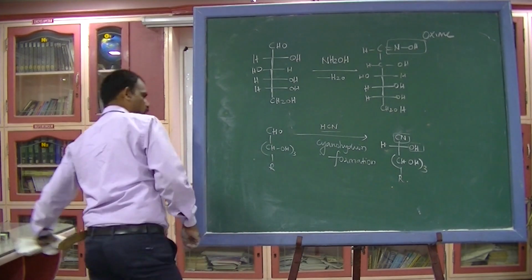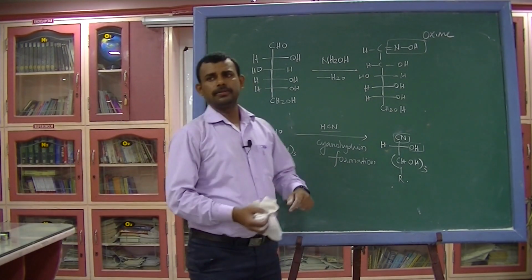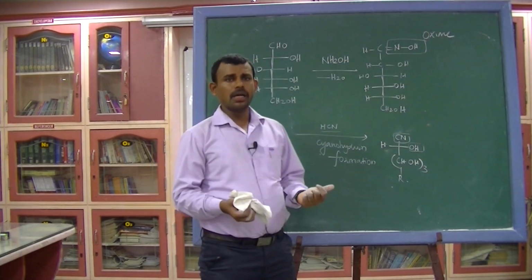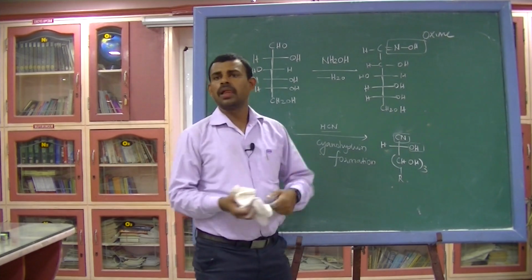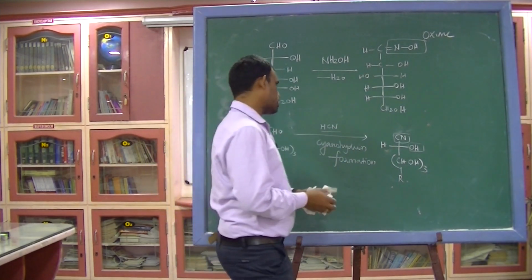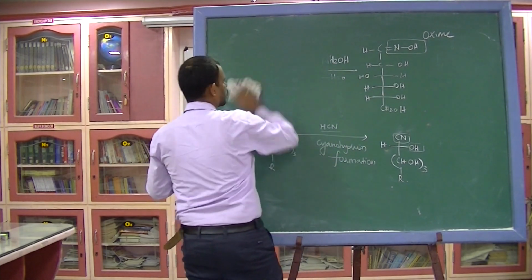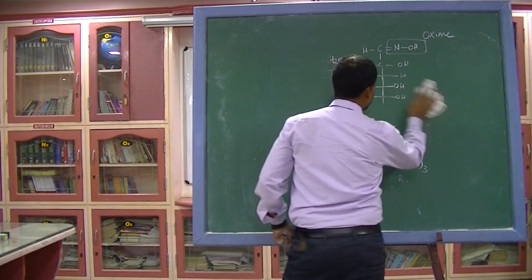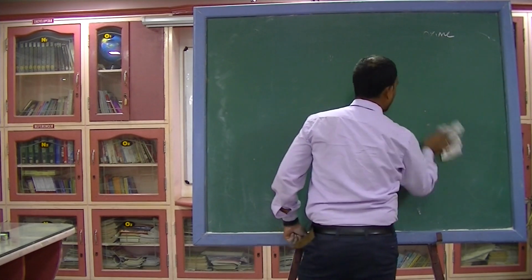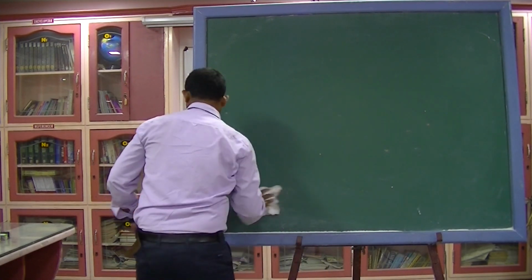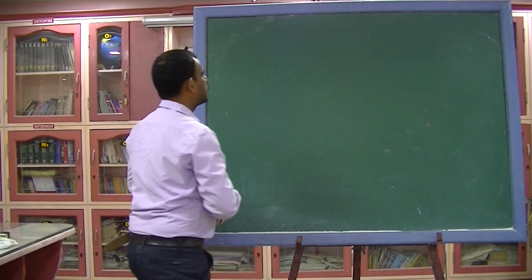So far we have discussed the various reactions of carbohydrates. Now we will move to the disaccharides. So first we will discuss maltose. It's a disaccharide.